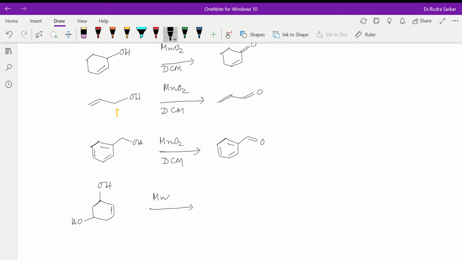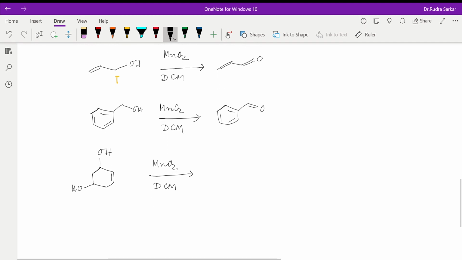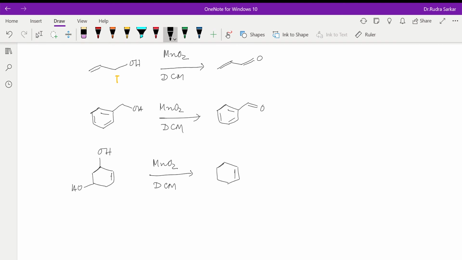Now if you're using MnO2, then obviously the one that is allylic, which is the one on the top, this is the allylic position, but this one is not. So this will be oxidized, whereas this will not be oxidized.